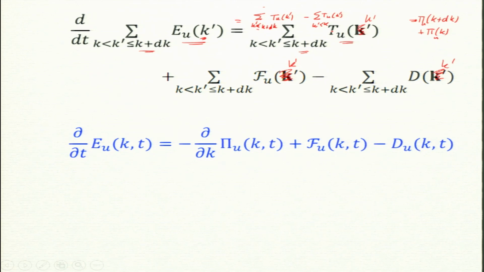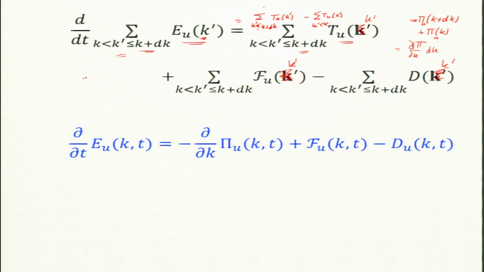In the difference between the two spheres, the first is minus pi of k plus dk, the second is minus of minus pi of k, so there is a minus sign here. So this is that. Now if dk goes to 0, then what is this quantity? This is partial d pi by dk times dk, partial because it can also depend on time. What about this quantity?